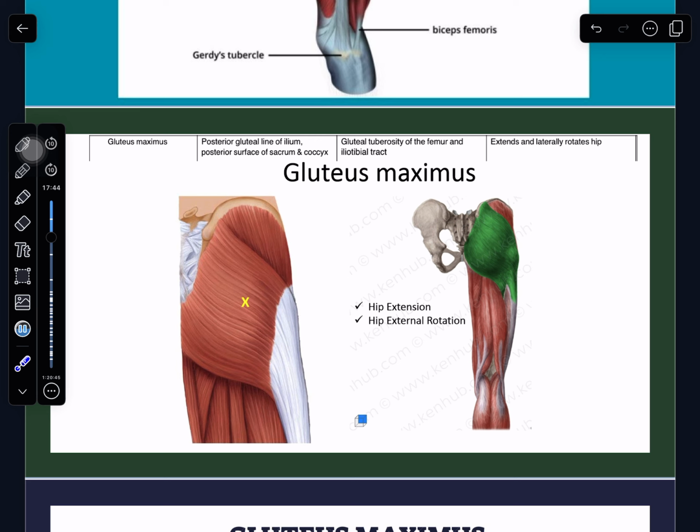And as we said before, there are going to be 3 different gluteus muscles. And this series of 3 muscles, even though they all begin with the term gluteus, does not mean they all do the same thing. So don't get confused, because they actually do have a little bit of a different action.